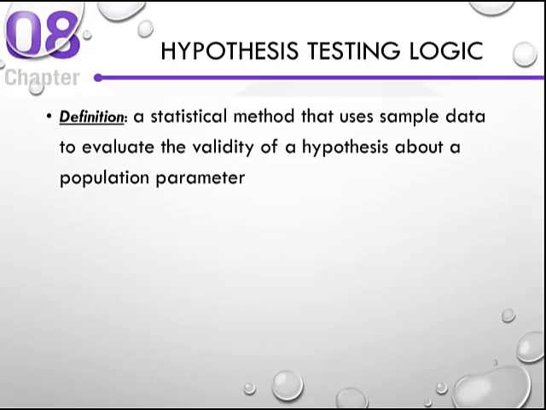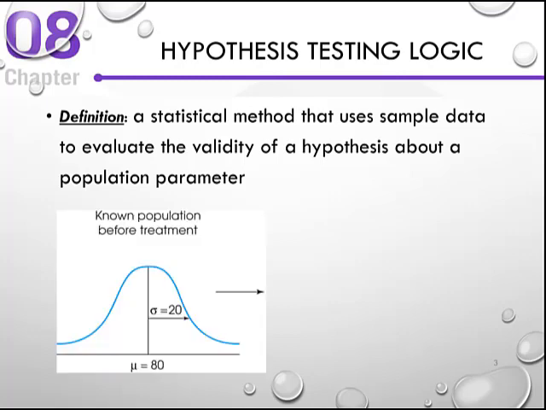We already talked about the logic of hypothesis a few times. So by definition, a hypothesis test is just a statistical method that uses sample data to evaluate the validity of a hypothesis about a population parameter. In the general hypothesis testing situation, we take a random sample from the population. So let's say we have 10,000 people who have headaches. That's our population.